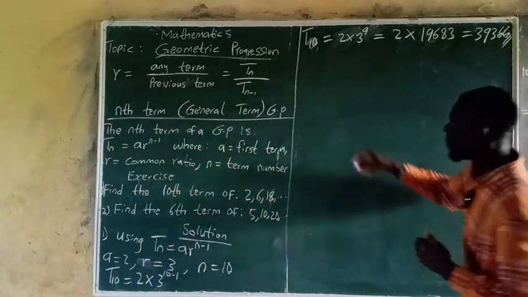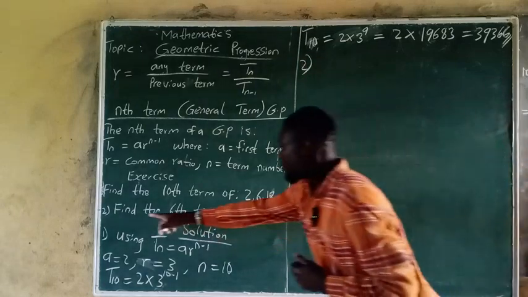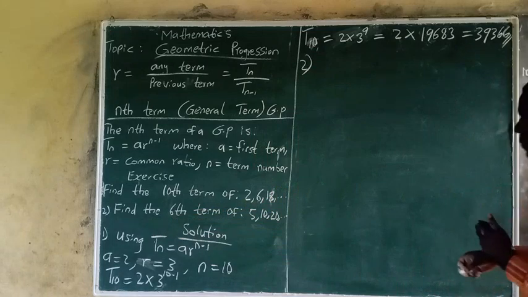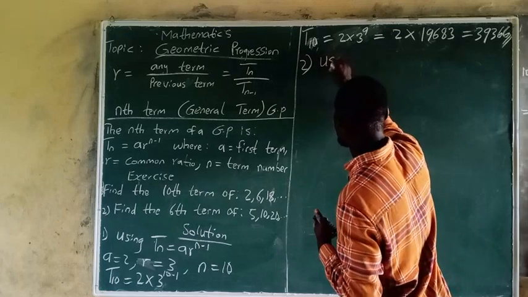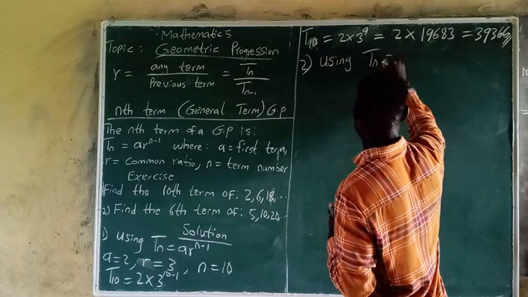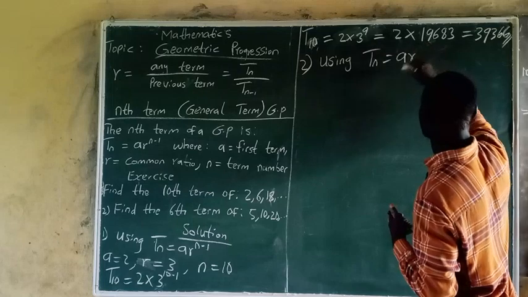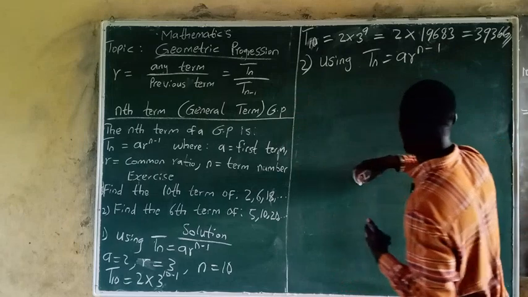Now let's go to exercise 2. They said find the 6th term of the GP. Using t sub n is equal to the first term times the common ratio raised to the power of n minus 1. Let's bring out the parameters.